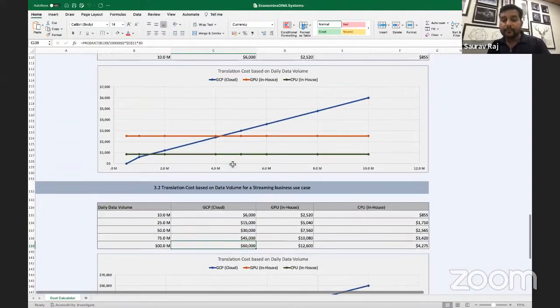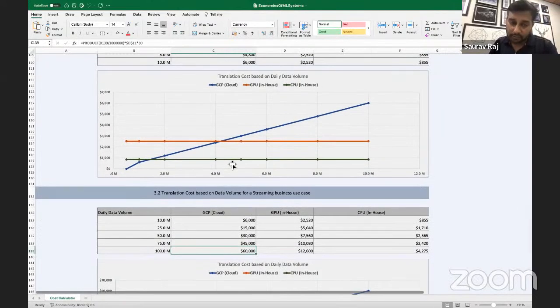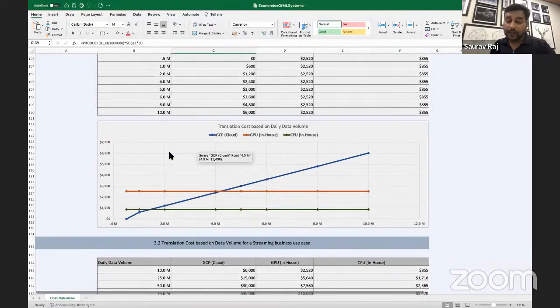At the same time, if your translation requirements are pretty low, somewhere around 1 or 2 million characters per day, then it's okay not to consider building the solution in-house, because you are paying less overall. I'm talking about a streaming use case for now. So it's okay to consider a cloud-based solution, especially when your data volume is on a lower side.